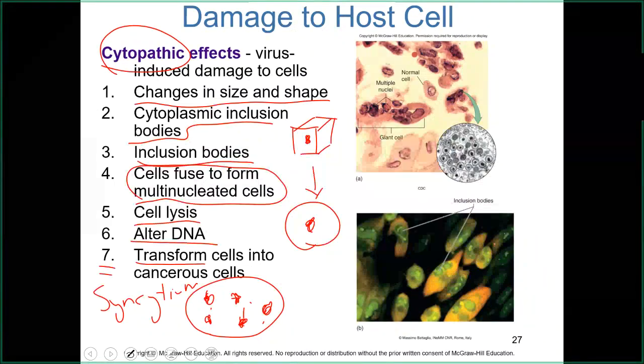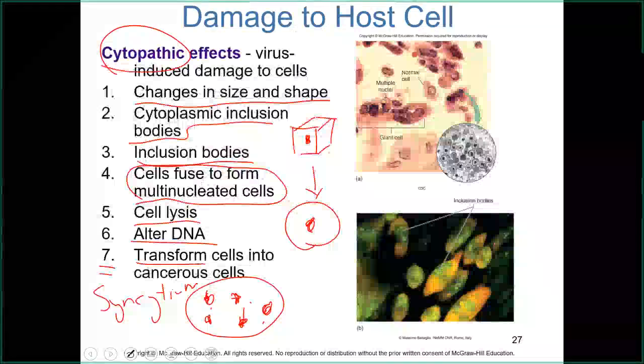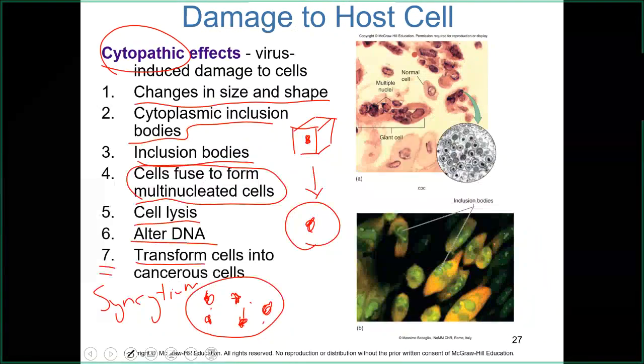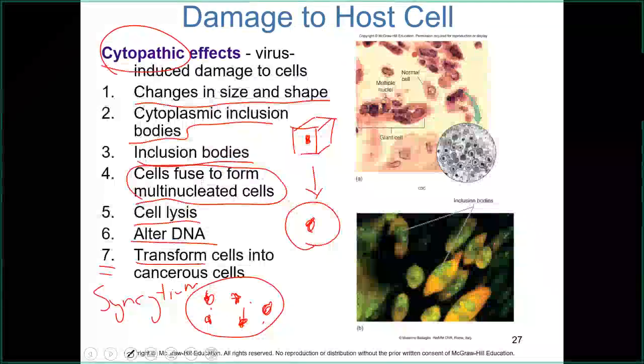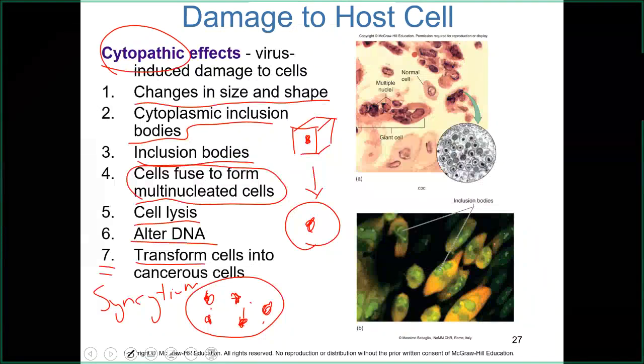And then the Epstein-Barr virus is another one. Those are well known as triggers for tumor formation and ultimately cancers. So viruses can do that. So we can look for evidence of cancerous cells. That could be an indicator of viral infection. So those are all cytopathic effects.